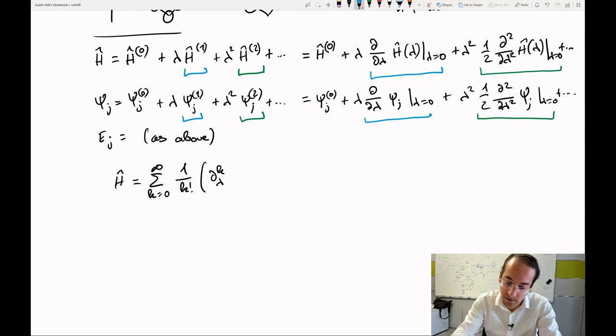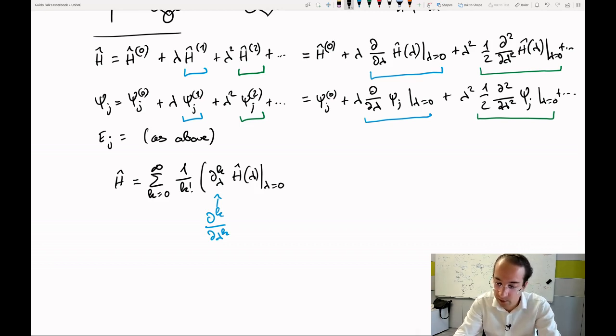That would be d k d lambda k of the Hamilton operator as a function of lambda, but evaluated at lambda equals 0. And the important thing is that this evaluation at 0 applies to the whole thing, right?